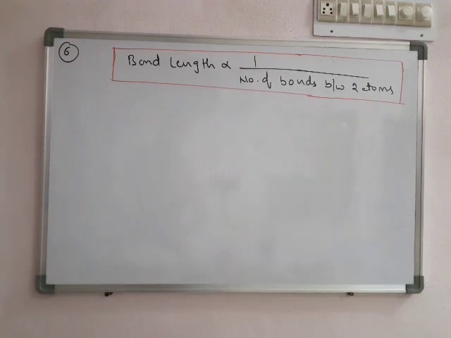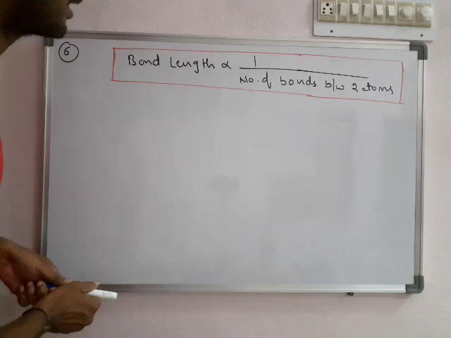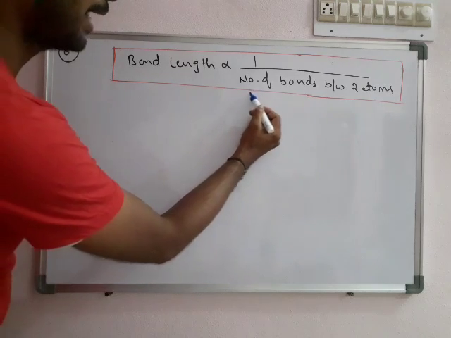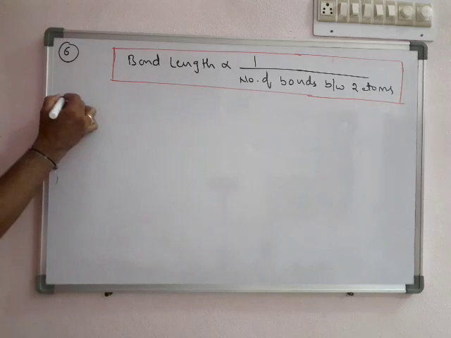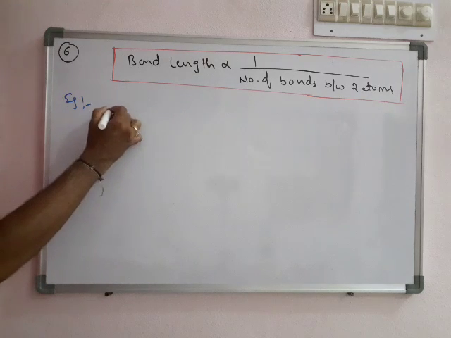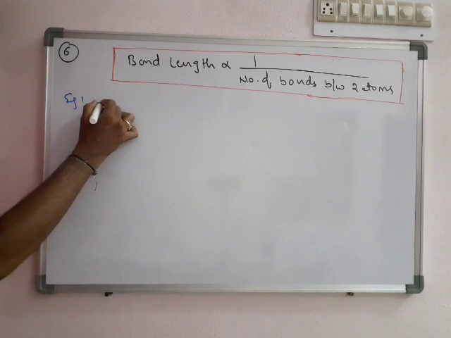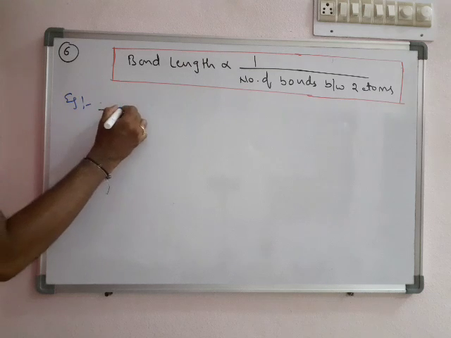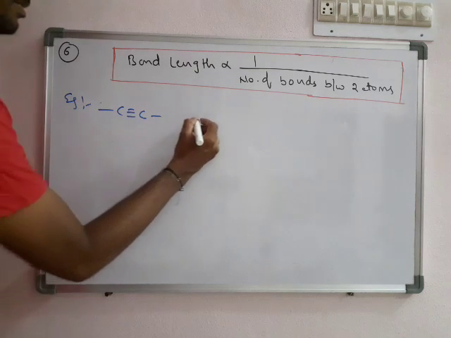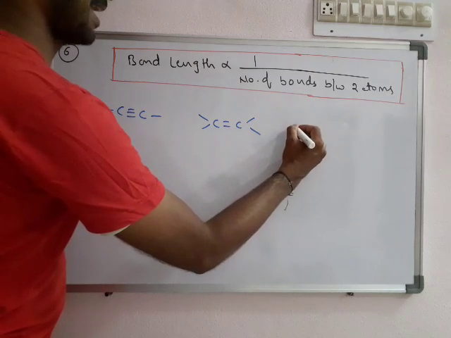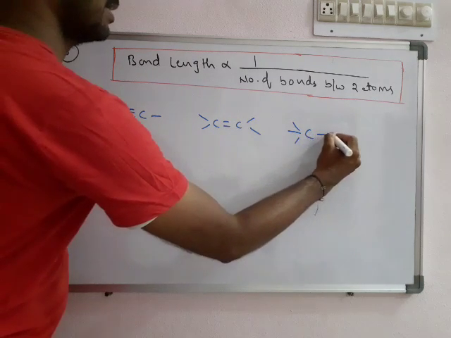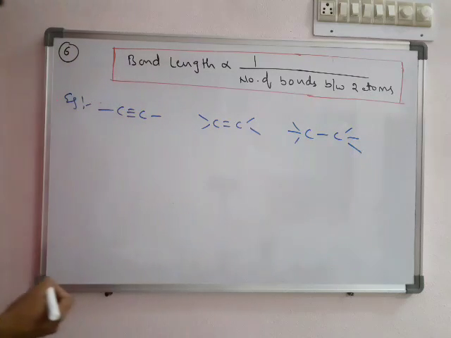One more factor we already discussed: the bond length is inversely proportional to the number of bonds between the two atoms. We compare only two atoms. For example, if a triple bond is present between two carbon atoms, if a double bond is present between two carbon atoms, if a single bond is present between two carbon atoms, what is the bond length?